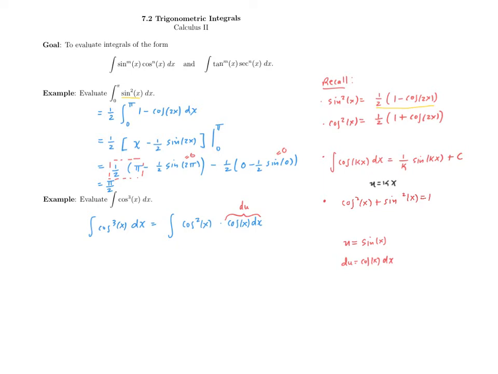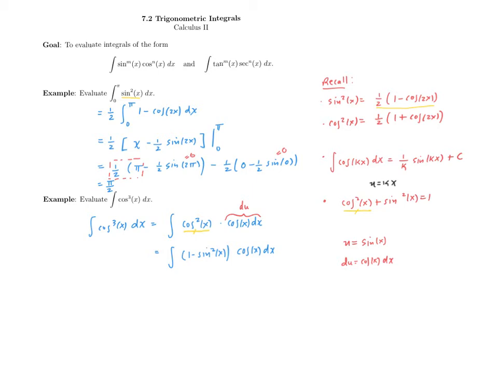So if we focus in on the cosine squared and isolate it, cosine squared is 1 minus sine squared by the Pythagorean identity. So rewriting this, we are now in a position where we can apply the desired substitution.